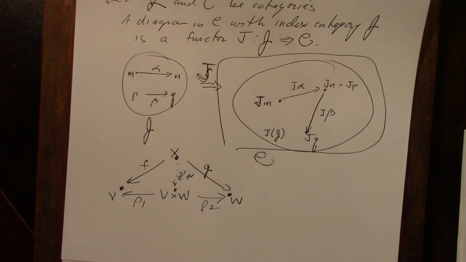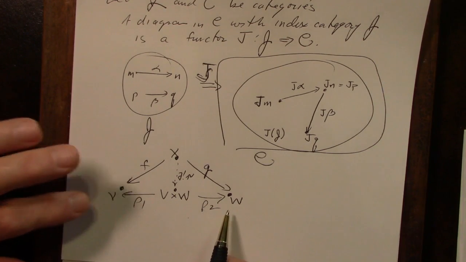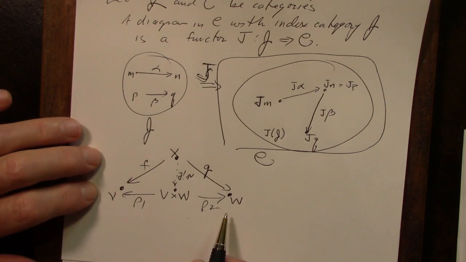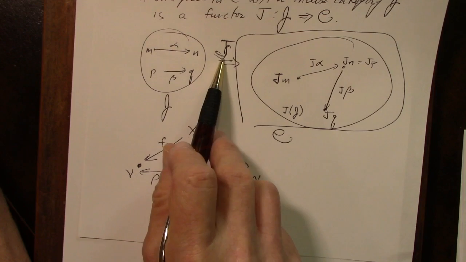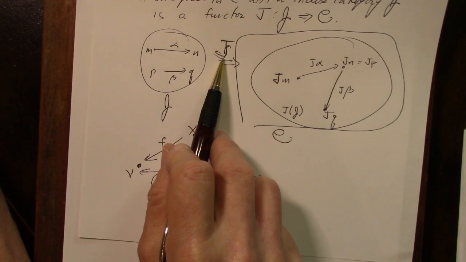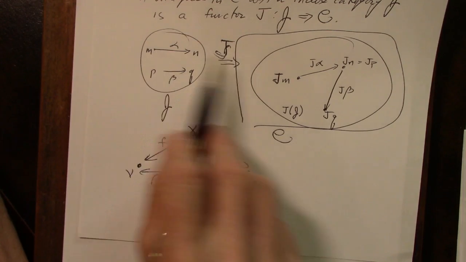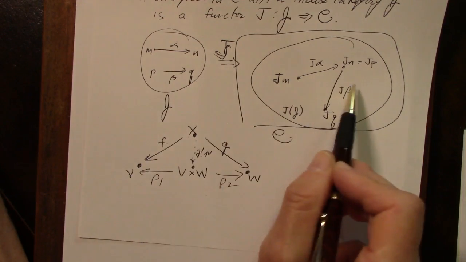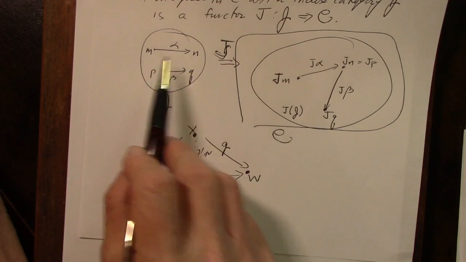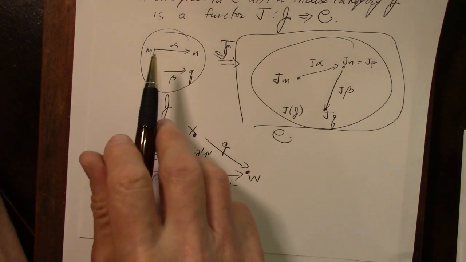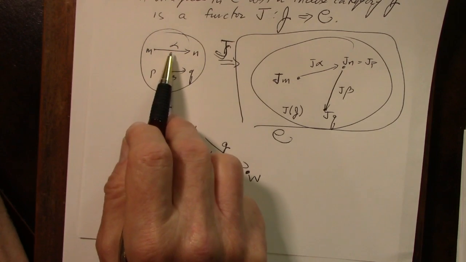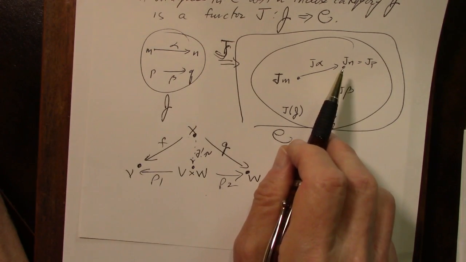Okay. So this is a diagram, and we don't need to think of it as a functor from an index category in cases like this. When the functor is an embedding, which is not the case here, then objects map injectively to objects over here, and morphisms will map injectively to morphisms.